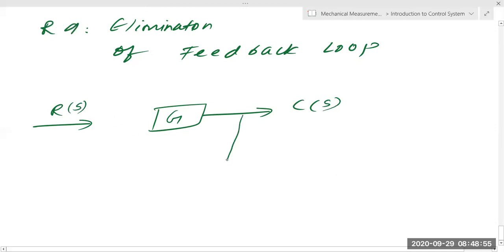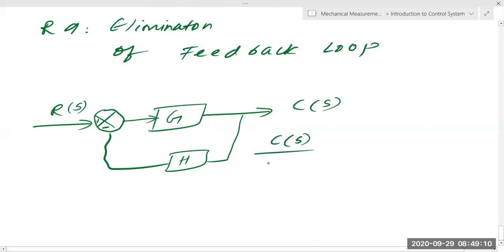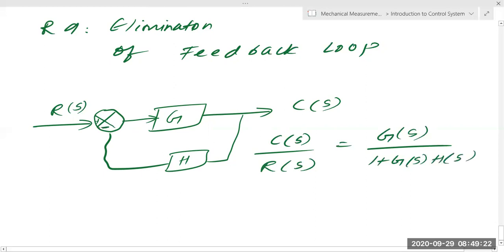And then we have a feedback loop H, and this will go and get summed up here. If this is a negative loop and this is a positive signal, then C of S upon R of S, output upon input, will be equal to G of S upon 1 plus G of S into H of S. For a negative feedback system, it will be plus, and for a positive feedback system, it will be minus.